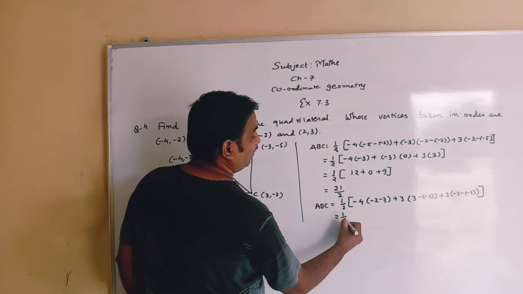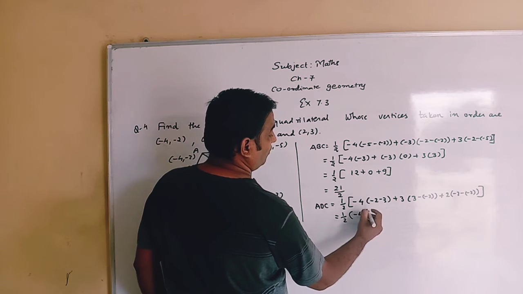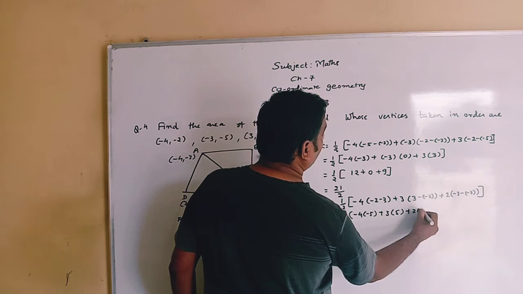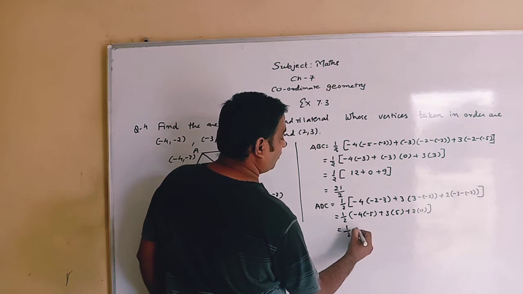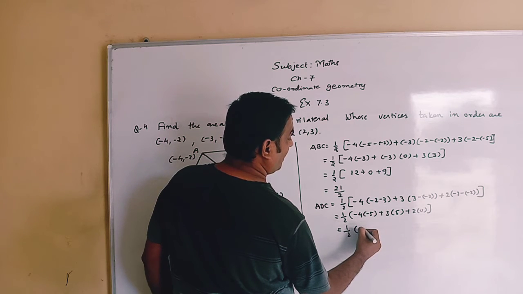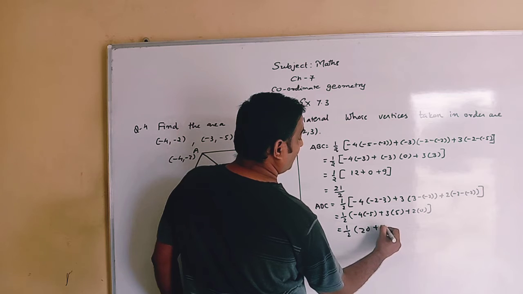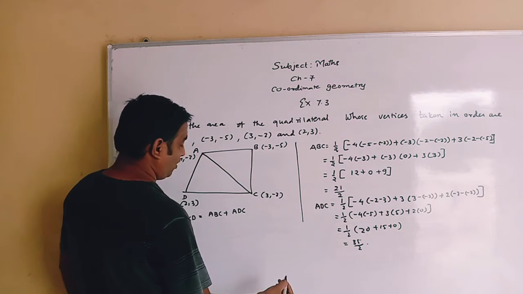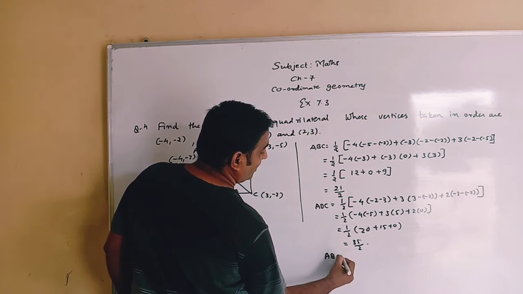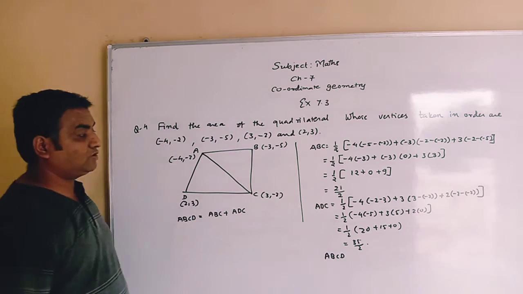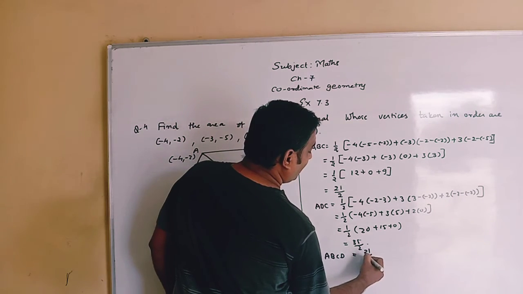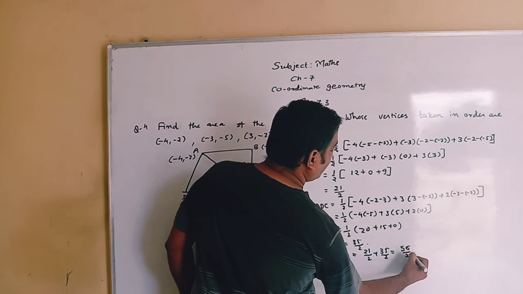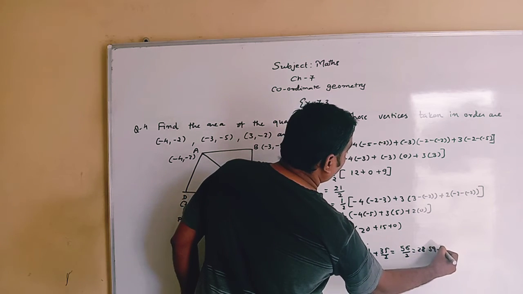And so it will be 1 by 2 minus 4 into minus 5, plus 3 into 3 plus 2, 5, plus 2 into 0. So 1 by 2 minus 4 minus 5, that is 20, plus 15 plus 0, so it is 35 by 2. And so the area of ABCD, we know that ABC plus ADC, so the ABC answer we got 21 by 2 and here 35 by 2. So 21 plus 35 is 56 by 2, 28 square units.